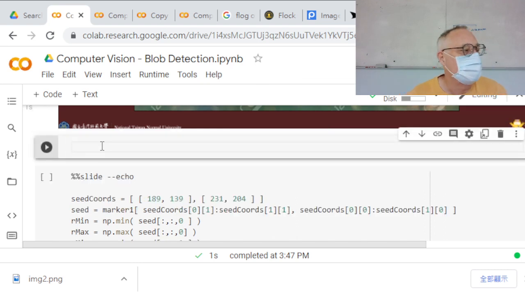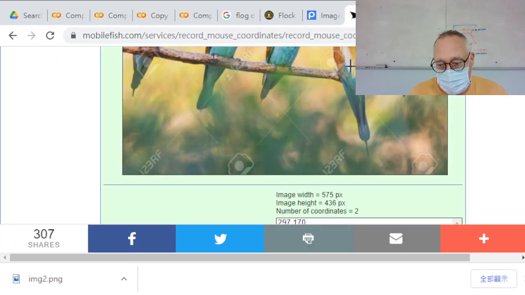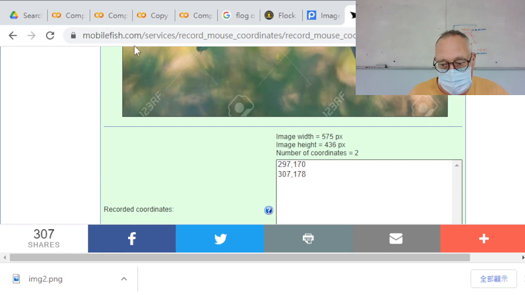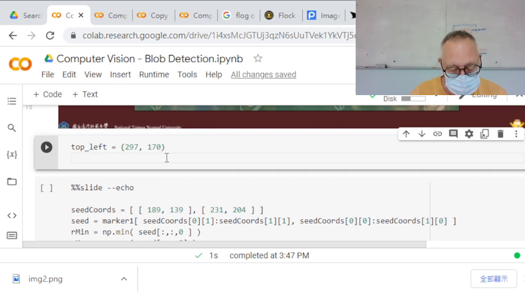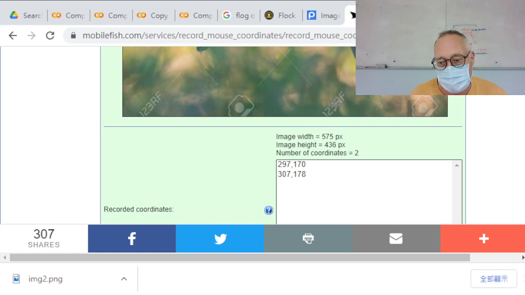So let's take that area of interest. So top left is equal to 297, 170. So we define the bounding box, bottom right should be 307, 178.